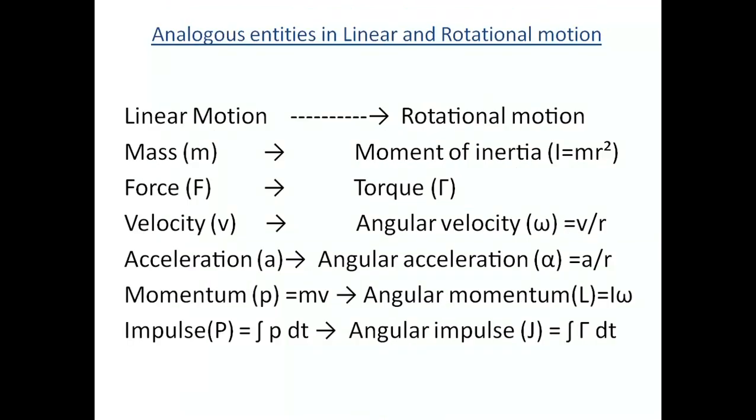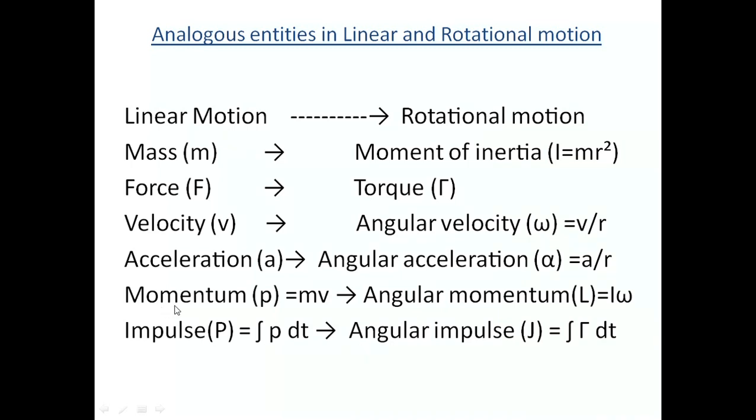Now, what are the analogous entities in linear and rotational motion? What mass is in linear motion, moment of inertia is in rotational motion. What force is in linear motion, torque is in rotational motion. What velocity is in linear motion, angular velocity omega is in rotational motion. What acceleration is in linear motion, angular acceleration alpha is in rotational motion.